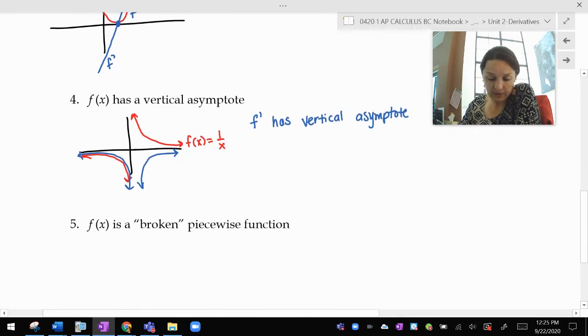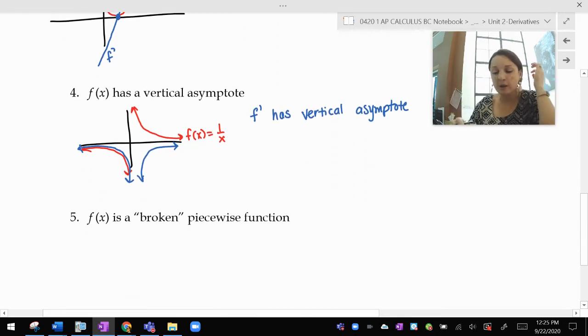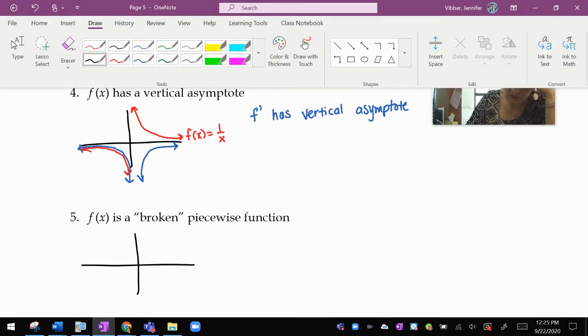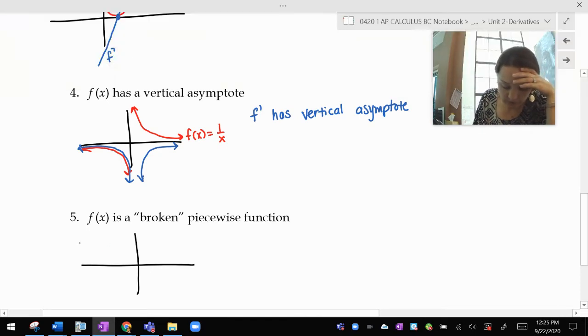All right. And then last but not least, f of x is like a broken piecewise function. So if I had something that looks like this, oh, red again. So let's say f of x looks like this, and then I've got like a line here, and then let's say I've got a curve here.